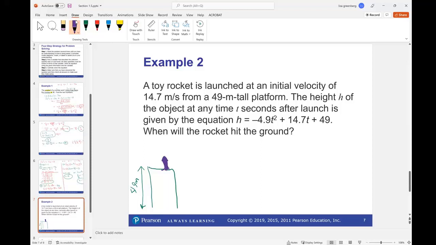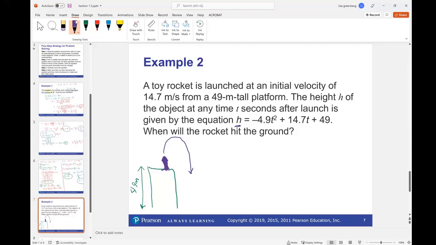So now when I launch it, it's going to go up, and then at some point it's going to come back down, right? So the height of the object at any time t, the equation they're giving us, h is the height and t is time, and at any time t after launch is given by that equation.